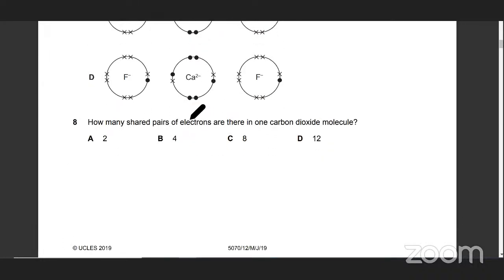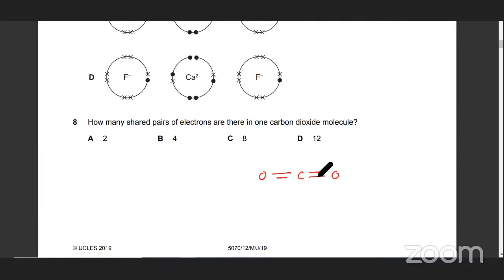Next one is how many shared pairs of electrons are there in one carbon dioxide molecule? So in this, carbon makes 4 bonds, being in group 4, and oxygen makes 2 bonds. Okay, no need to draw the dot and cross diagram. Work with the structural formula. Carbon has 4 bonds, two made here, and oxygen's bonding is complete too.